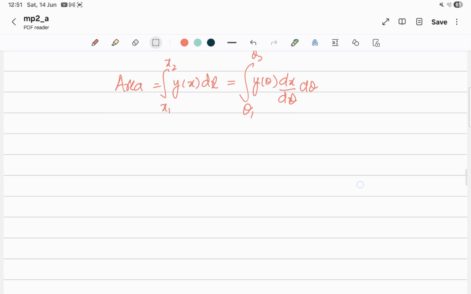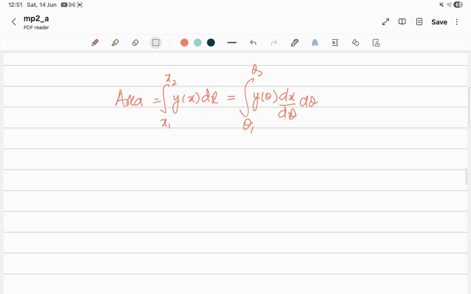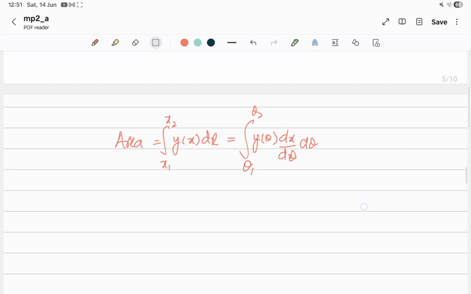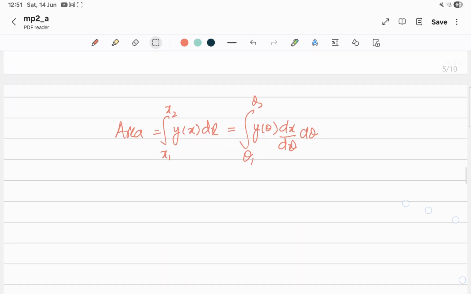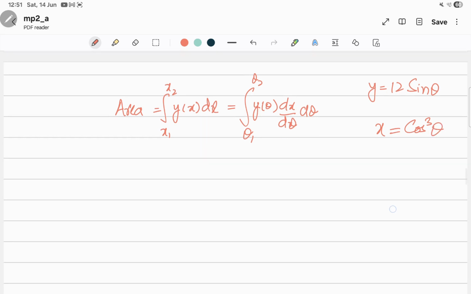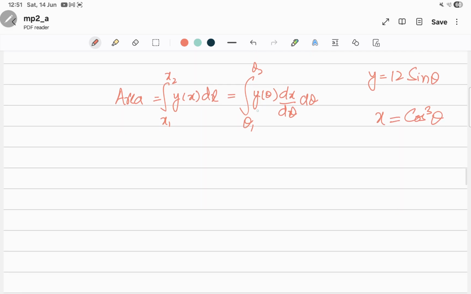Okay, in this formula, we know that y is 12 sine theta and x is cos cube theta. In this integration we need the value of y in terms of theta, and we need dx over d theta.